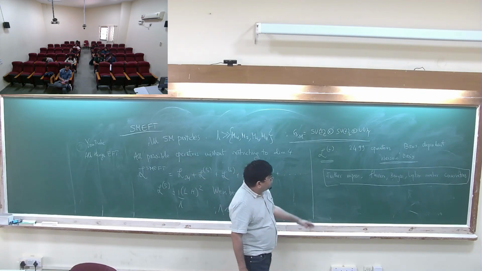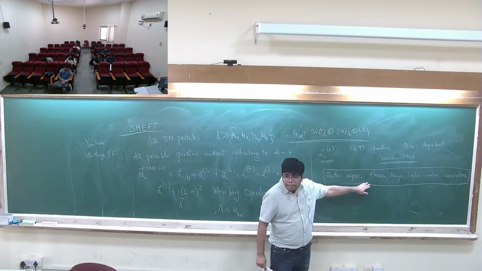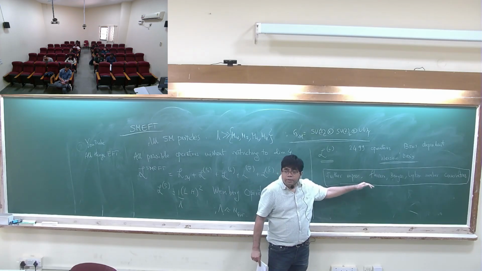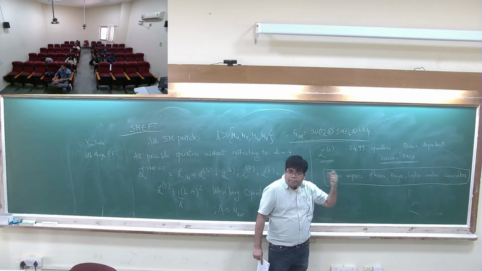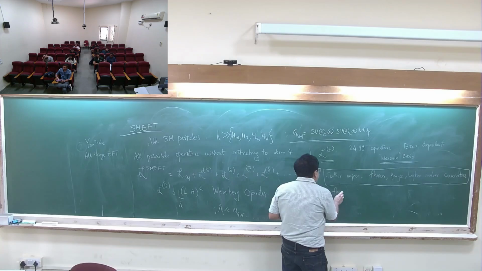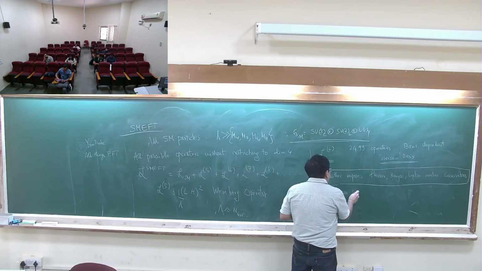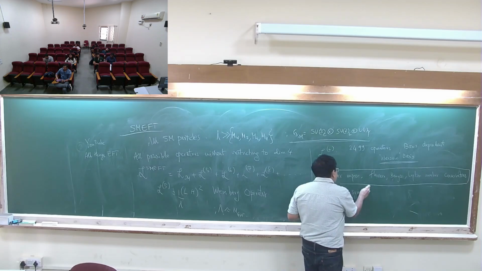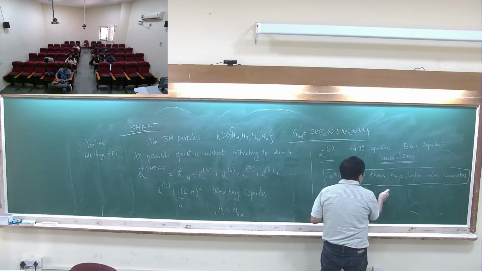So flavor means SU(3) flavor. How many flavor groups are there? There are 5 flavor groups. So flavor symmetry imposition. This we studied early in the class. You must have forgotten, but I'll remind you.